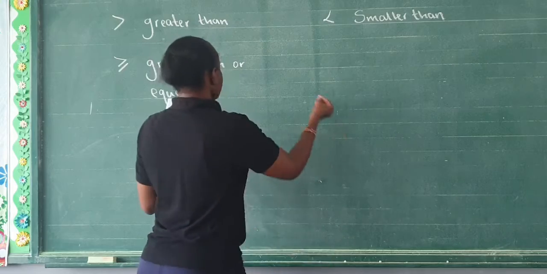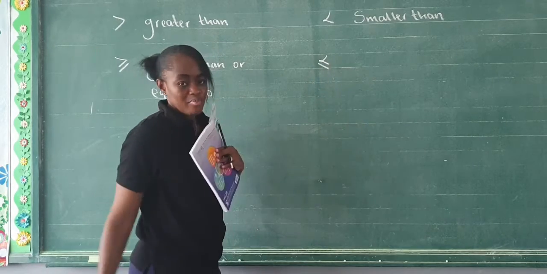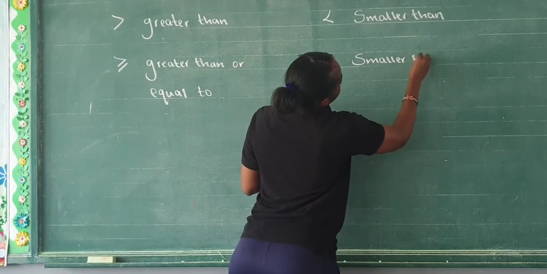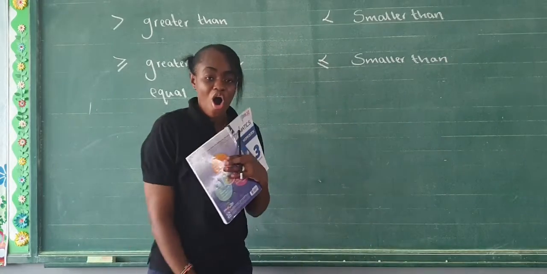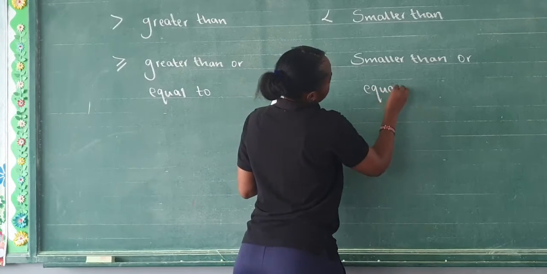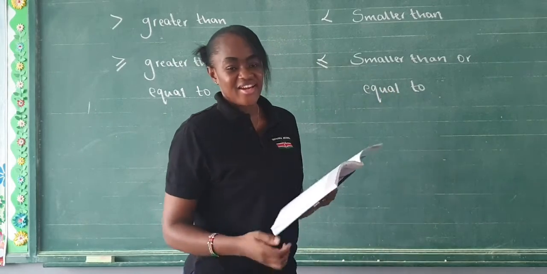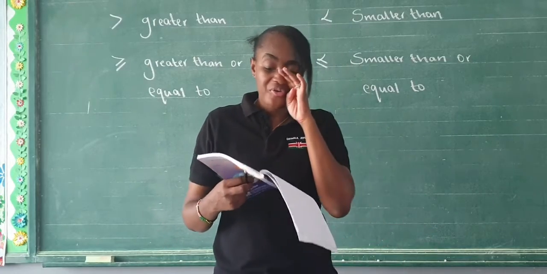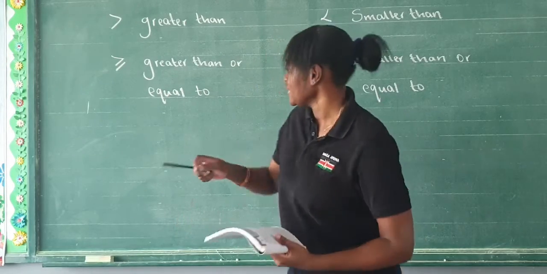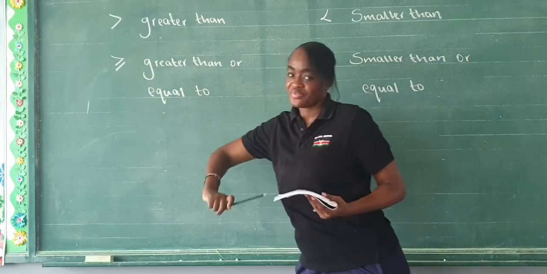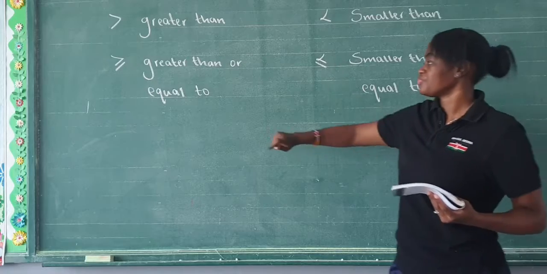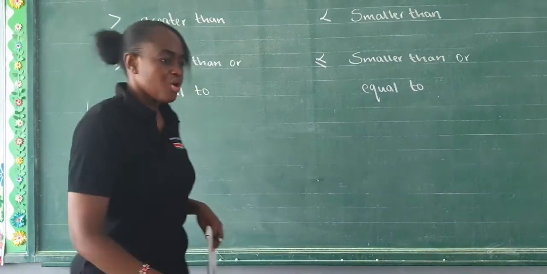We also learned about this other symbol, smaller than or smaller than or equal to. We have 4 symbols that we use in linear inequalities: greater than, smaller than, greater than or equal to, and smaller than or equal to.